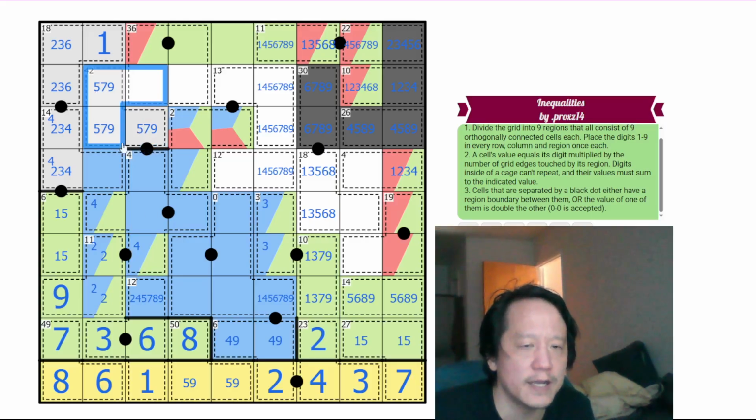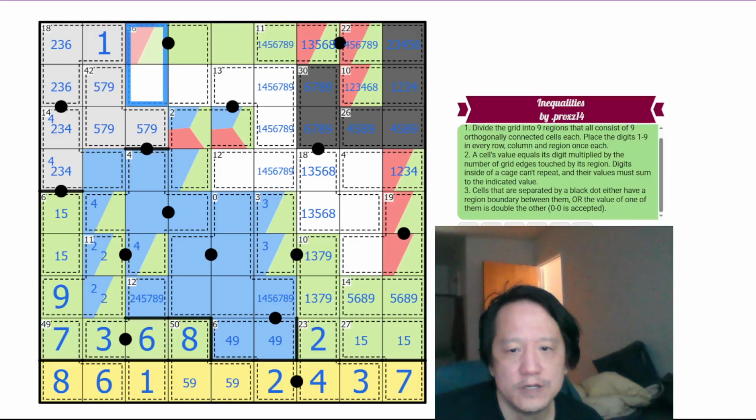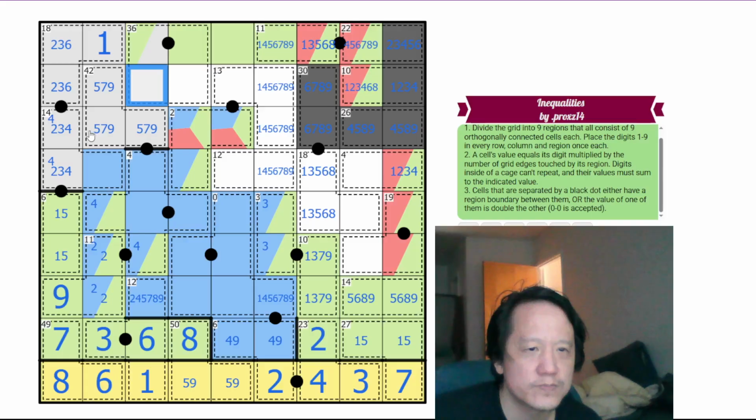We need an 8 somewhere doubled here. It could be here. We don't know. It's one of these two, actually. So this is one of the lights. And this could be green. We don't know about this. So these are all doubled.